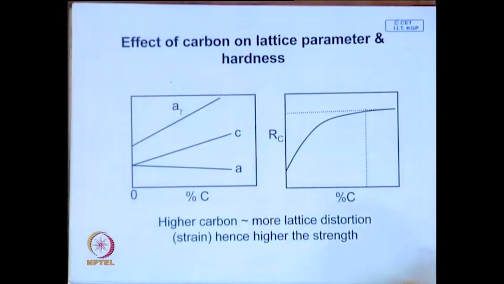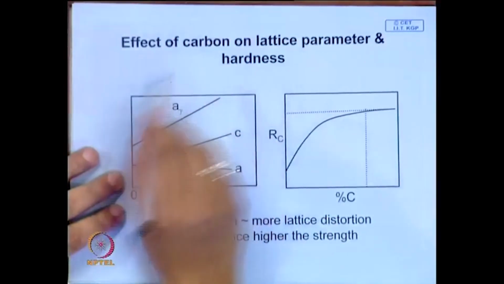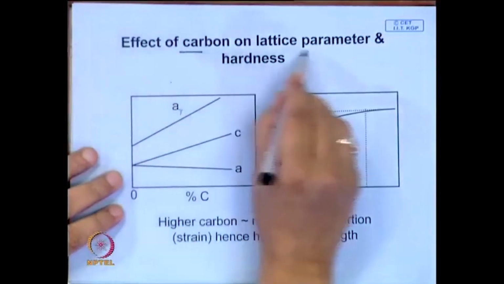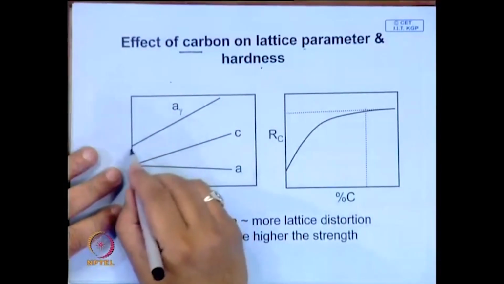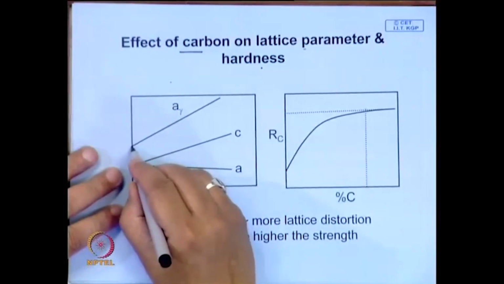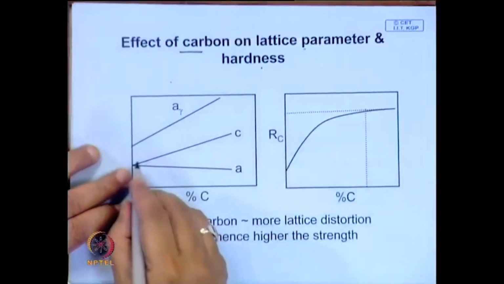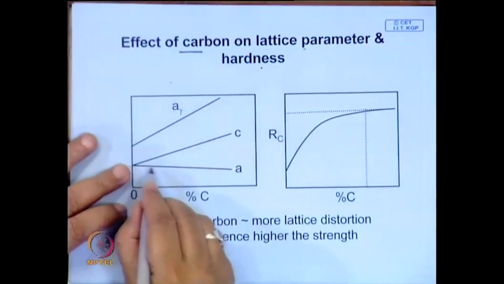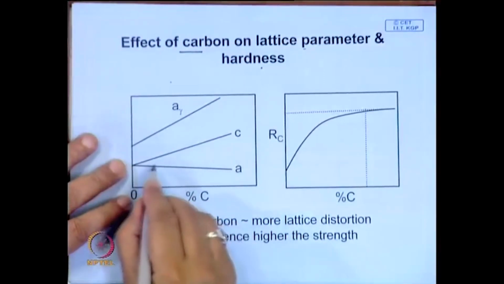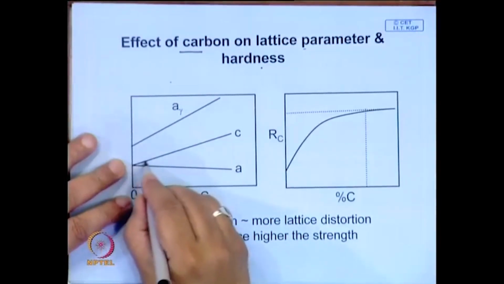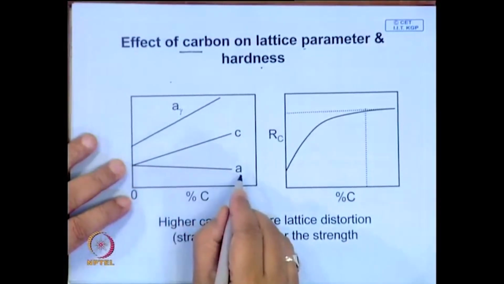Now, the crystal structure is of course a function of carbon content, which is shown over here. What is the effect of carbon content on lattice parameter and hardness of martensite? Look at this. In austenite, the lattice parameter increases almost linearly with carbon content. In martensite, the C axis increases with carbon content, whereas A keeps decreasing.